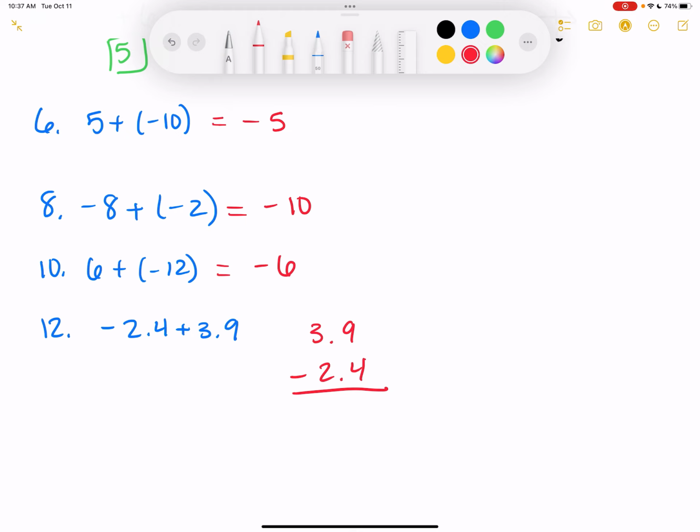So 9 minus 4 would be what? 5. Don't forget the decimal point there. And then 3 minus 2 would be 1. Because 3.9 was the bigger number and it was positive, my answer is positive. So that would be my answer to that problem. If the signs had been switched, I would have set it up the same way, but then it would have been negative.